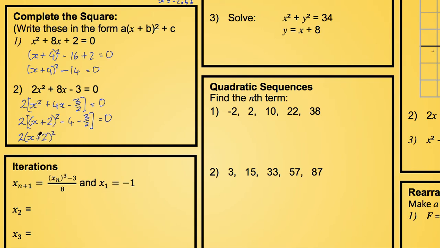I've got 2 times that. This bit, minus 4 minus 3 over 2, that's minus 4 minus 5.5, but then I'm multiplying that by 2 because I'm expanding that bit of the bracket. So I would be multiplying everything in here by 2. I've done that to the first bracket. Second bit, minus 4 minus 3 over 2, and then I multiply that answer by 2, gives me minus 11 equals 0.